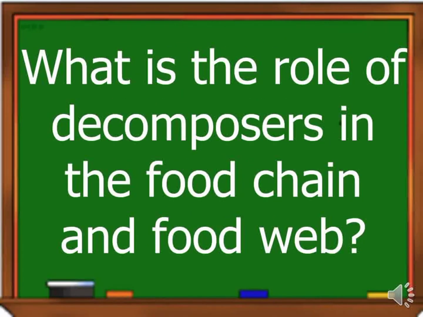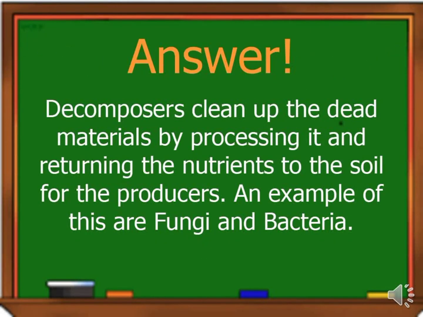What is the role of decomposers in the food chain and the food web? Decomposers clean up the dead materials by processing them and returning the nutrients to the soil for the producers. Examples of these are the fungi and bacteria. Next question.